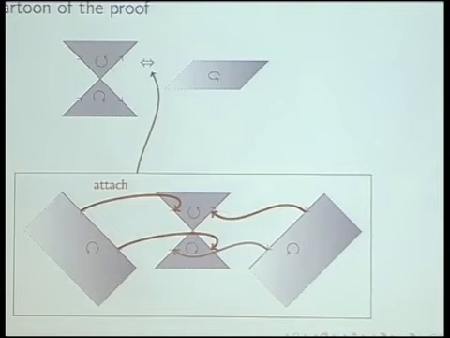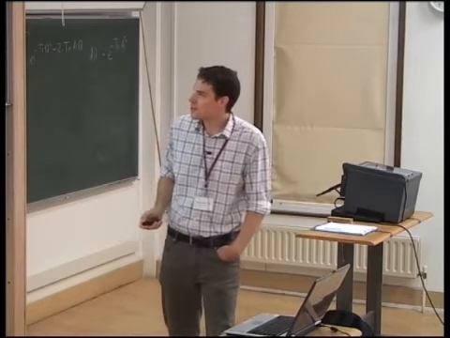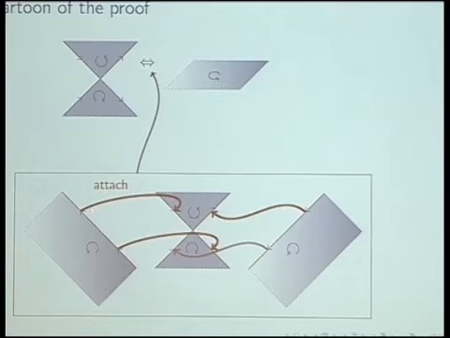So attaching half planes like this would not have been possible if the orientations were the same in the upper cone and in the lower cone. This is a good thing to know. And you can also note that the induced orientations on the boundary are opposite, so that you can really glue them together.